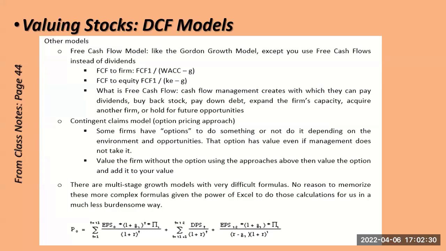Well, what contingent claims models say is management of some firms have these tremendously valuable options. A pharmaceutical firm, they're developing a drug. They have the option of looking at the early tests, and if it doesn't look good, shutting it all down, so they stop spending money. Or the tests look good and they can expand it.